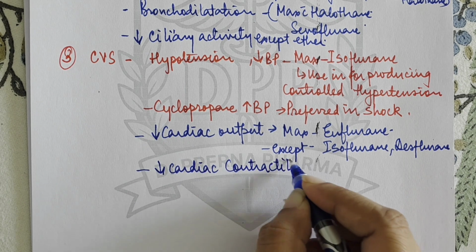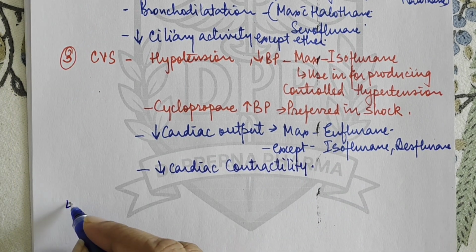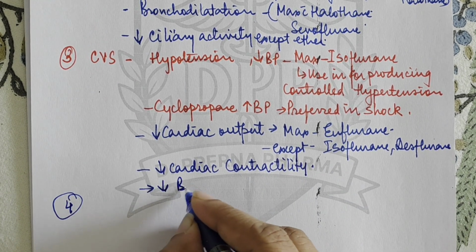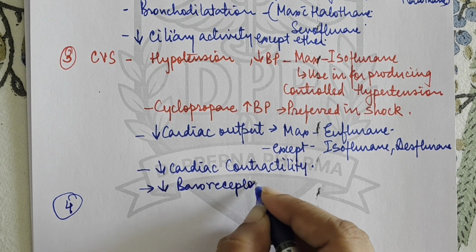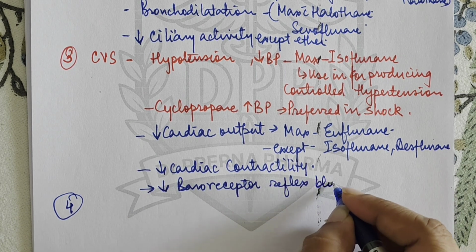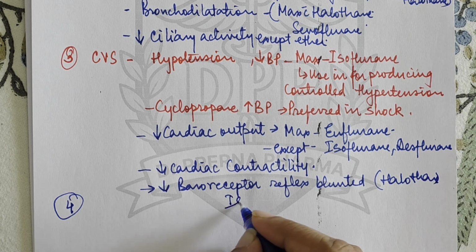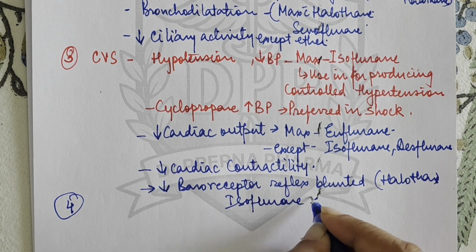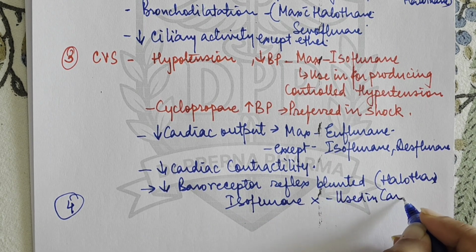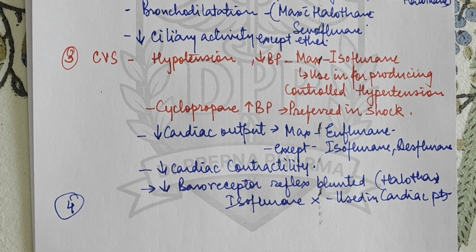So basically in general, they reduce the CVS responses. They also reduce the baroreceptor reflexes. The reflexes are blunted, right? And this is seen maximum with halothane. Isoflurane doesn't do this, so it is used in cardiac patients. It is the drug of choice in cardiac patients.